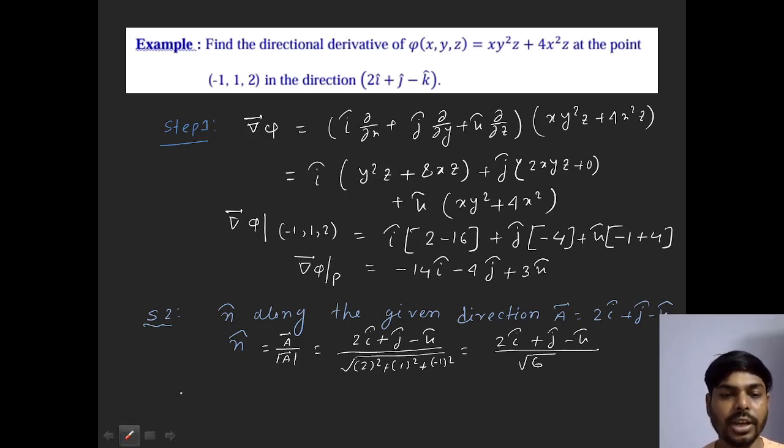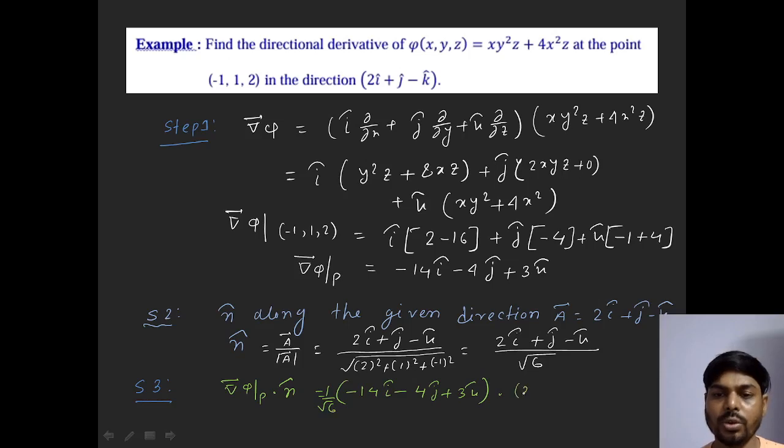And the last and final step is to find out the directional derivative. Here we have to find out gradient of phi at point P dotted with that n cap. What is the gradient of phi? It is -14 i cap plus 4 j cap plus 3 k cap, dotted with 1 by root 6 times the vector.